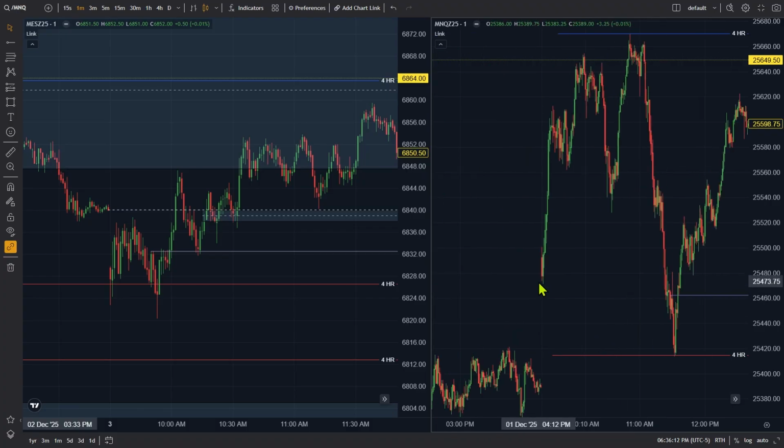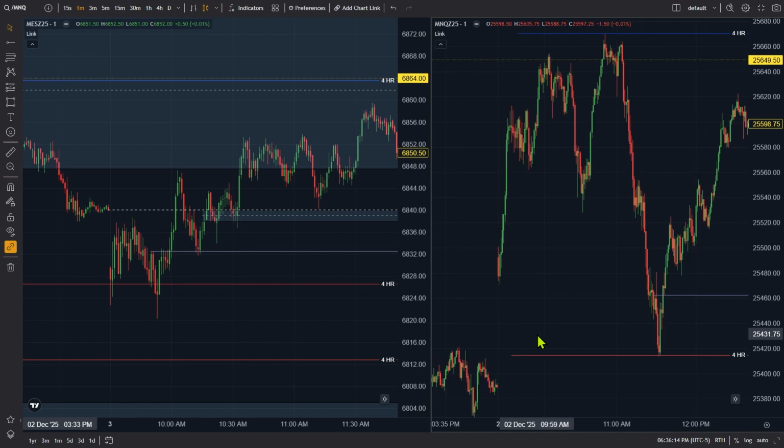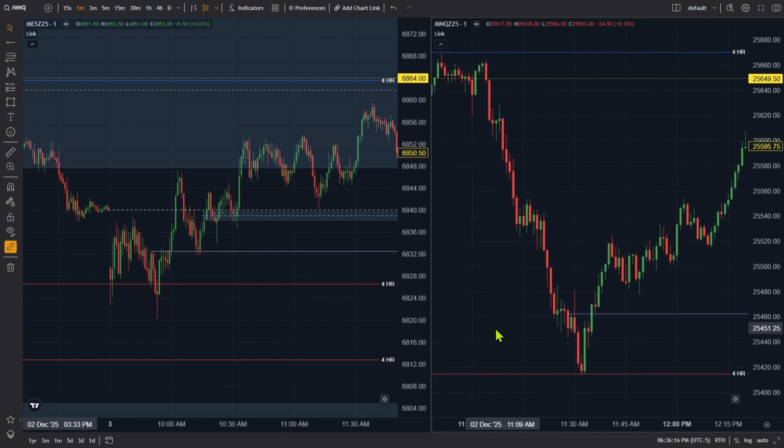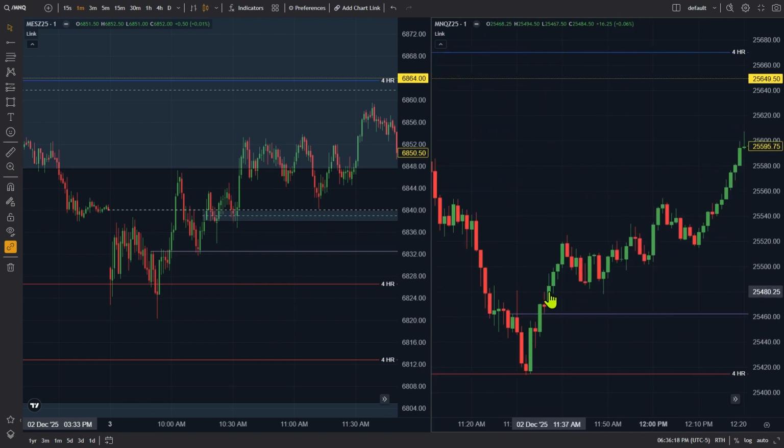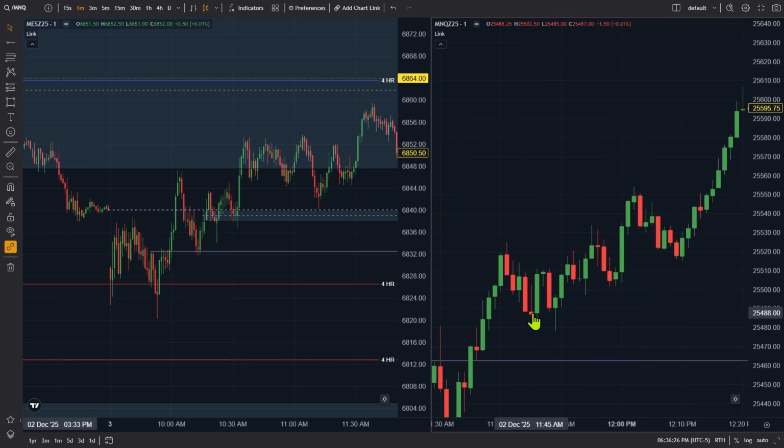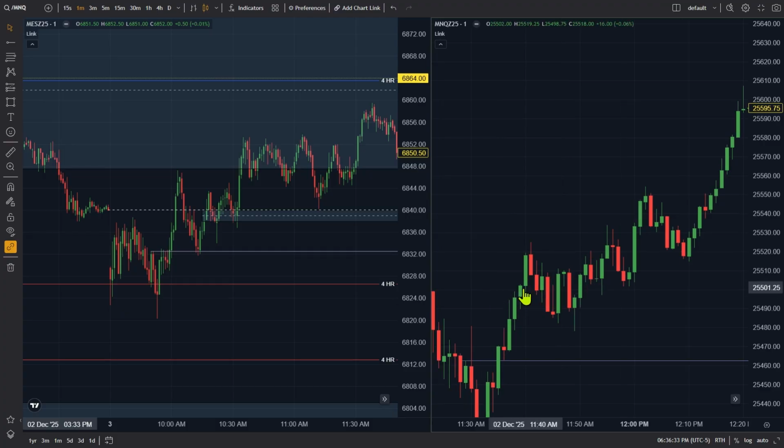We took out this low right here. I think we filled the majority of a gap or something. And then we started pushing higher, and we came back down. There's no fair value gap there, though. There's our first fair value gap right there above the breaker. Right here. Oh, there's one actually right here. So that's our first one right here.